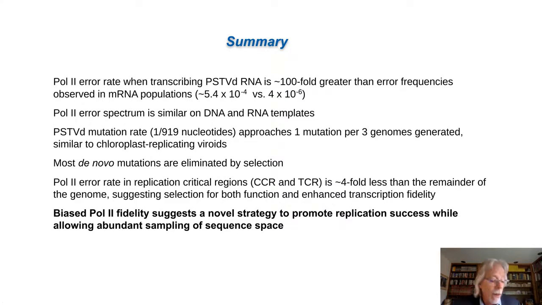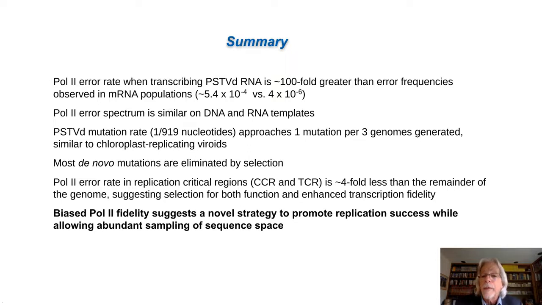And compared with the progeny population that we studied by deep sequencing, most of those de novo mutations are eliminated or minimized by selection. Surprisingly and remarkably, I think, the Pol II error rate in replication critical regions is 4-fold less than the remainder of the genome, suggesting those regions are selected both for function and enhanced transcription fidelity.